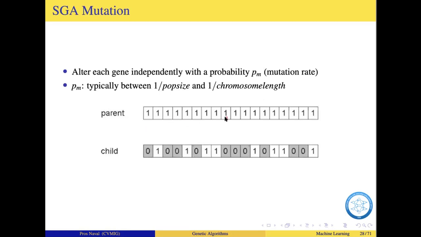So here we have your parent, and to mutate, we simply flip this from 1 to 0, or from 0 to 1 if it's originally 0, with probability PM. So here it doesn't happen all the time. It happens only with probability PM.